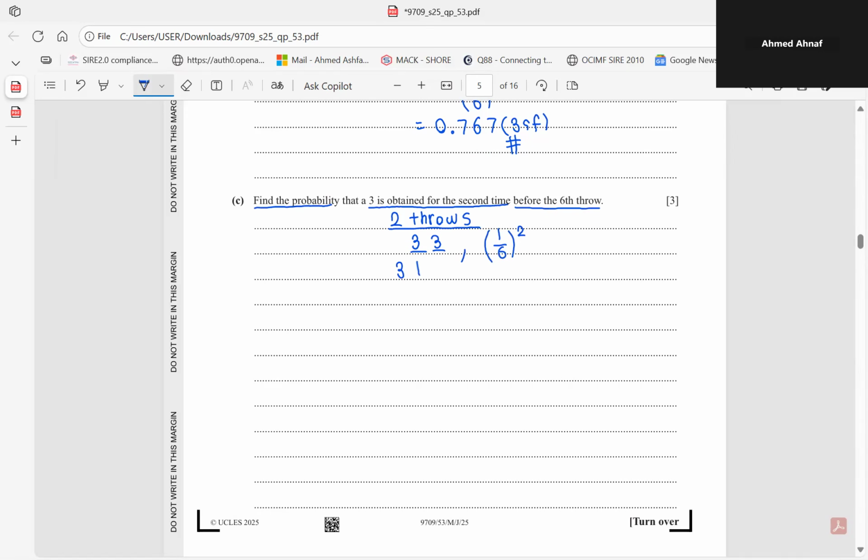Now let's consider the case where you have to do 3 throws in order to get your second 3.